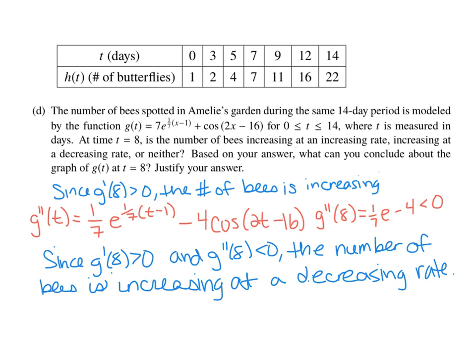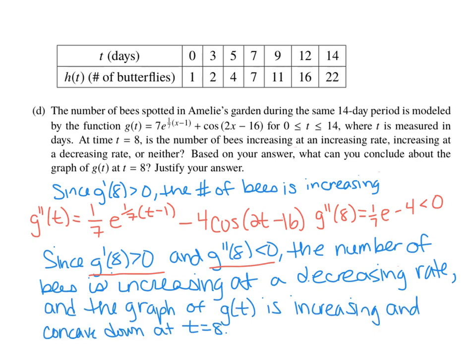The first thing I know is that my derivative is positive. The second thing I know is that my second derivative is negative. A positive derivative means the graph is increasing, which I actually already stated, but it doesn't hurt to say it again. A negative second derivative means the graph is concave down.